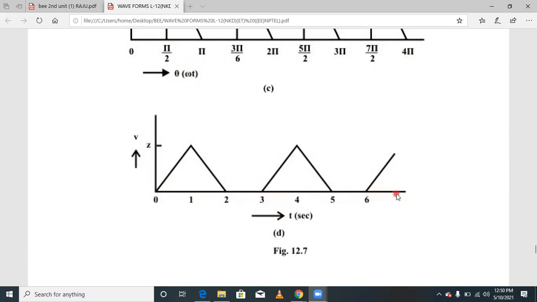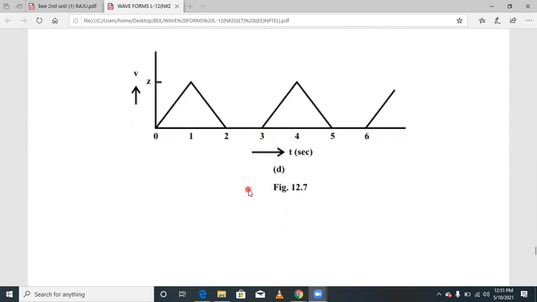Don't consider 0 to 2, consider 0 to 3, because the waveform repeats again from 3 onwards. Take the time period of this waveform like this.